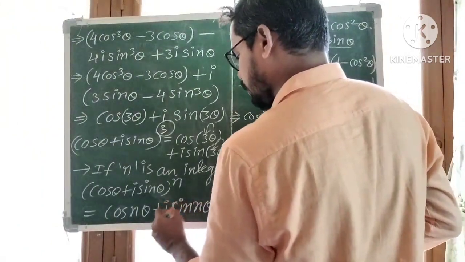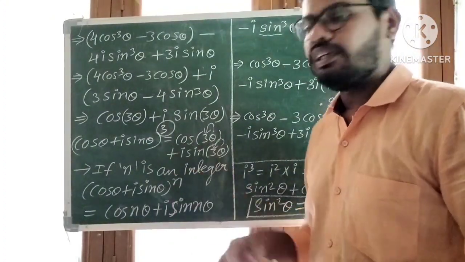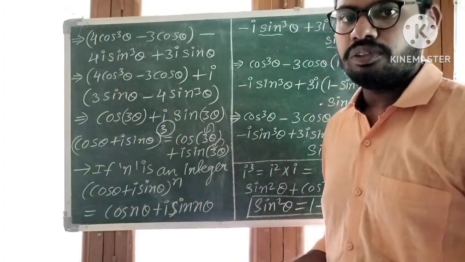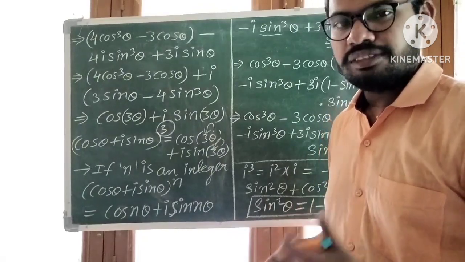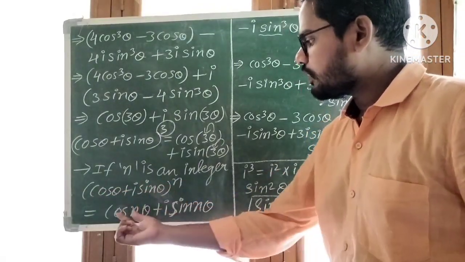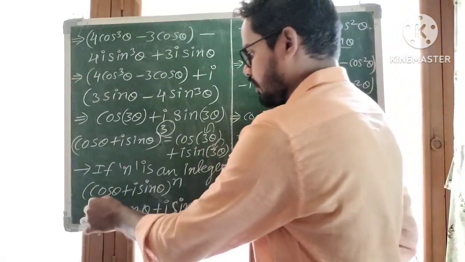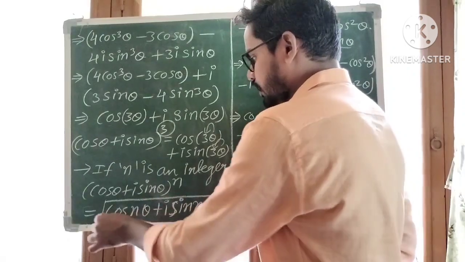Okay? You can even verify this formula using negative integers, taking n values minus 1, minus 2, minus 3. If you verify, you will get the same result. This is De Moivre's theorem for integral index.